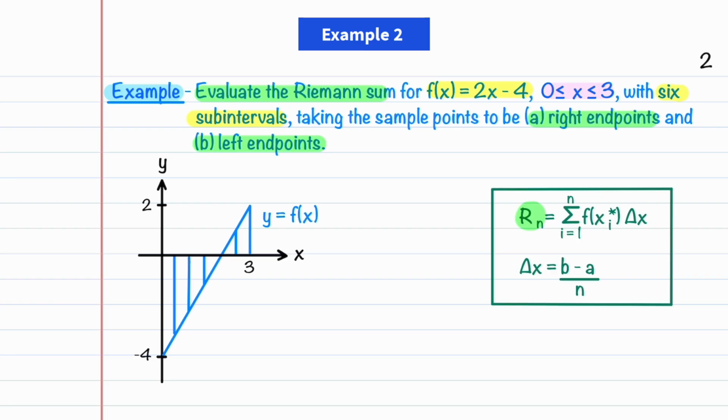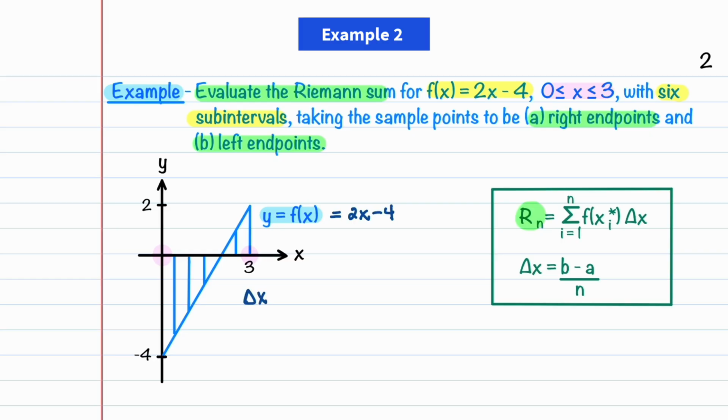I went ahead and graphed the function y is equal to f of x, which is equal to 2x minus 4. And I broke up our region into 6 subintervals. Notice that our values of x go from 0 to 3. We're going to start by calculating delta x.